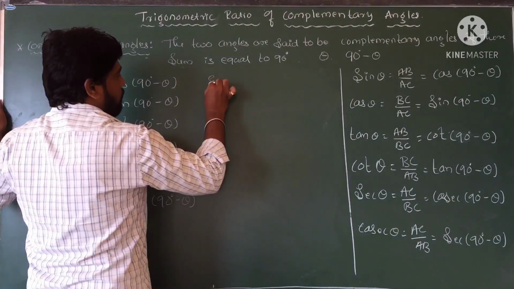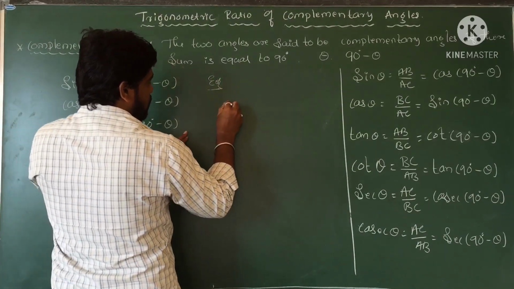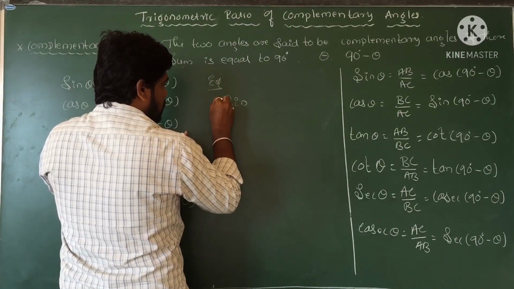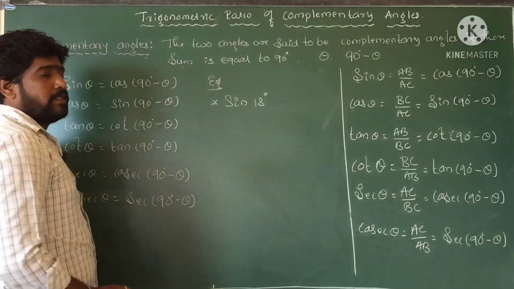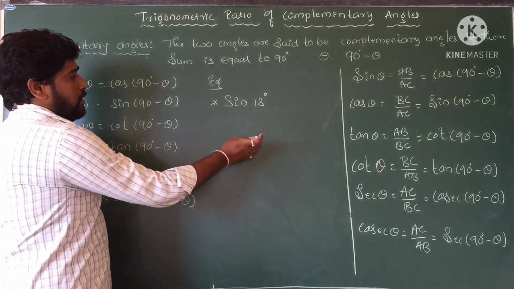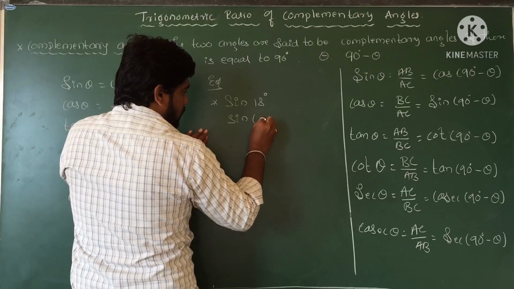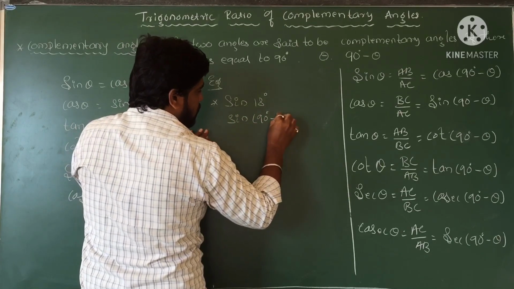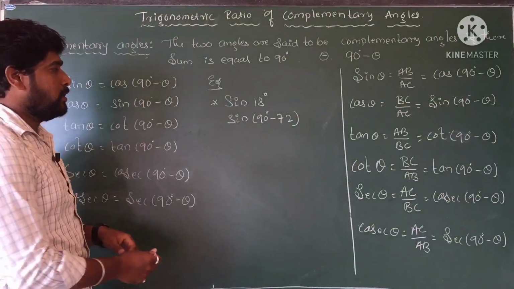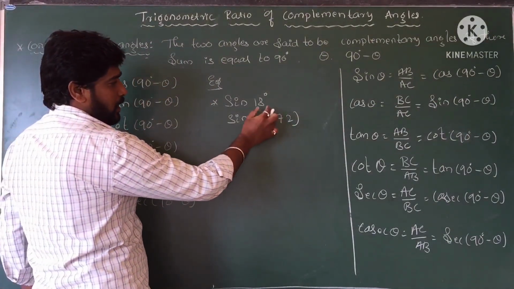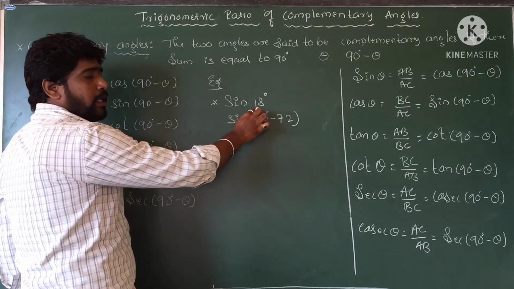So take one example here. First one, sin 18 degree. Sin 18 we can write as sin 90 minus 72. 90 minus 72 we can get 18.